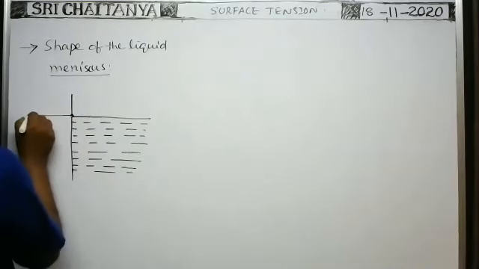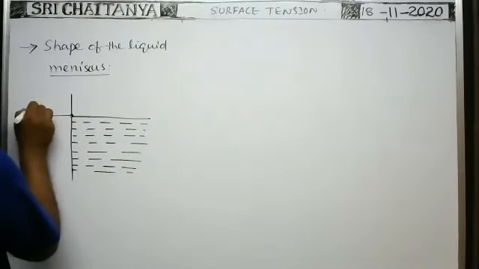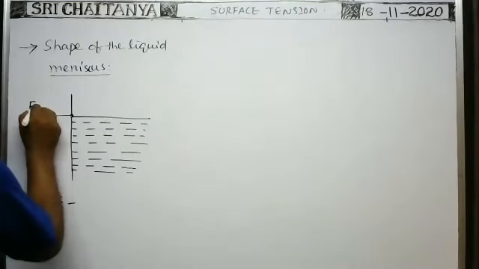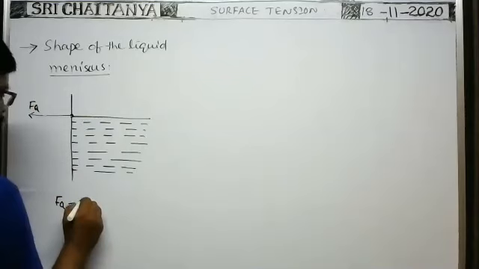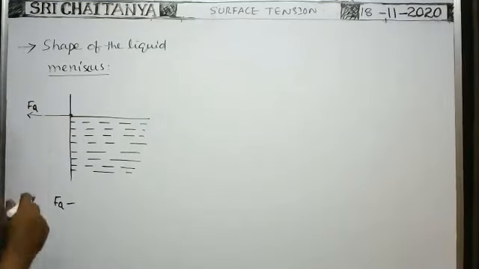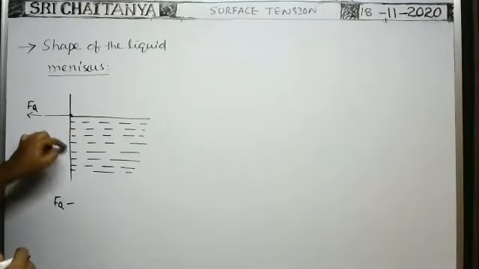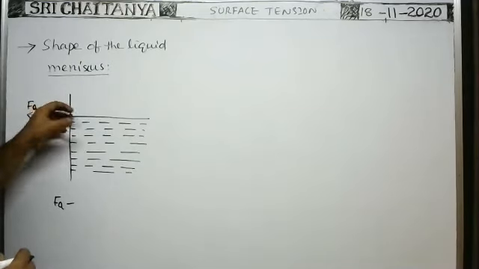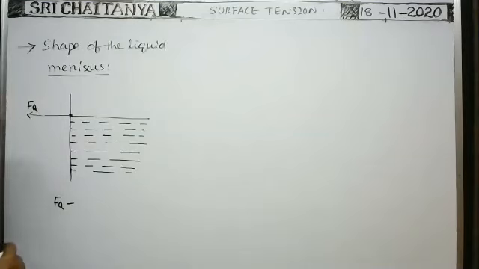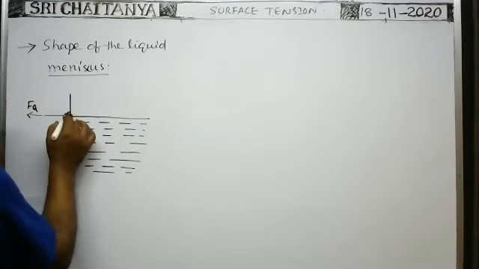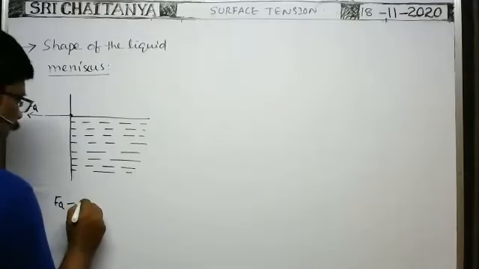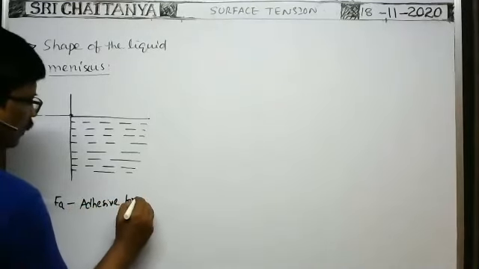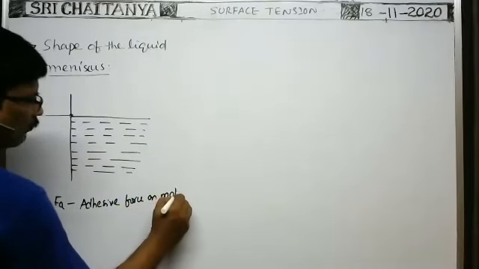The adhesive force Fa acts on the molecule towards the left, because this molecule is attracted by the solid surface. The molecules of the solid surface attract this molecule, so the adhesive force acts towards the left.